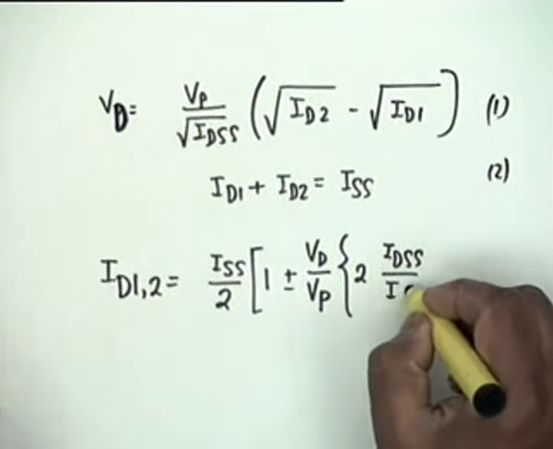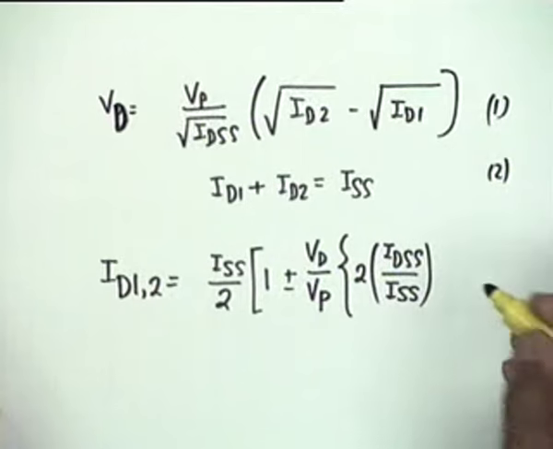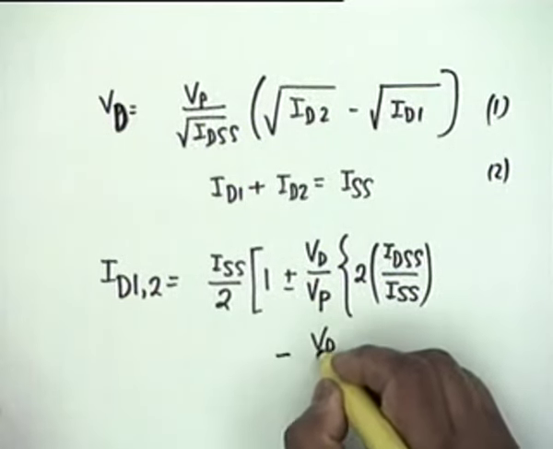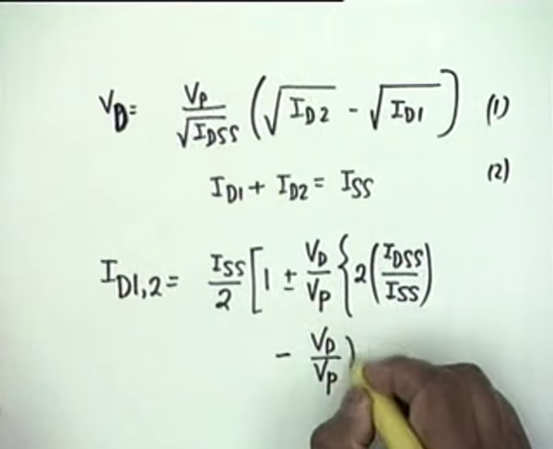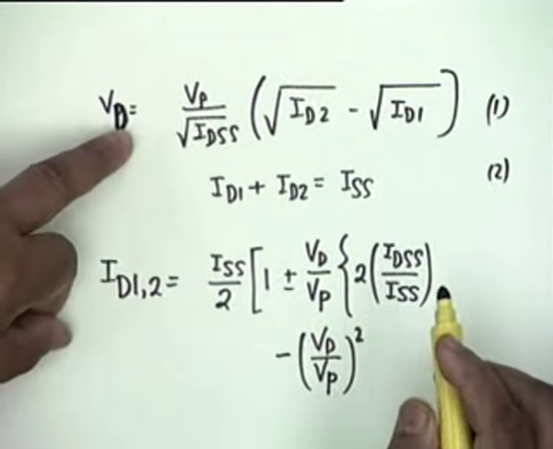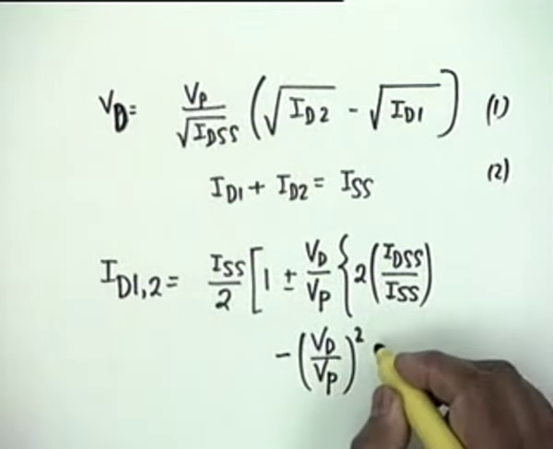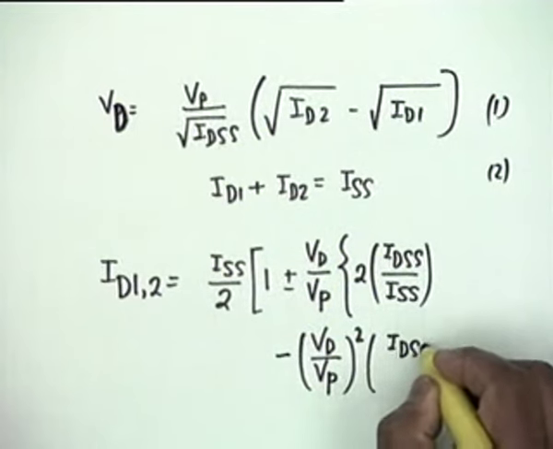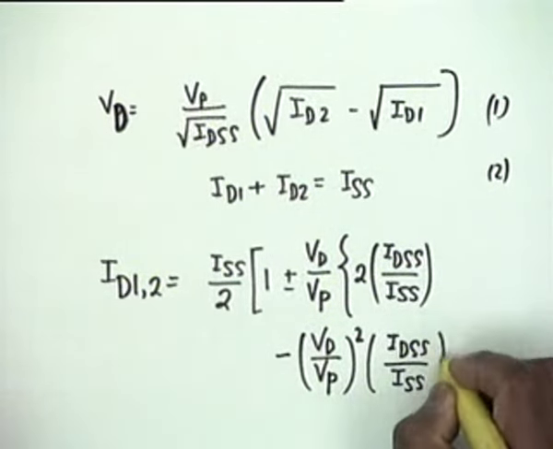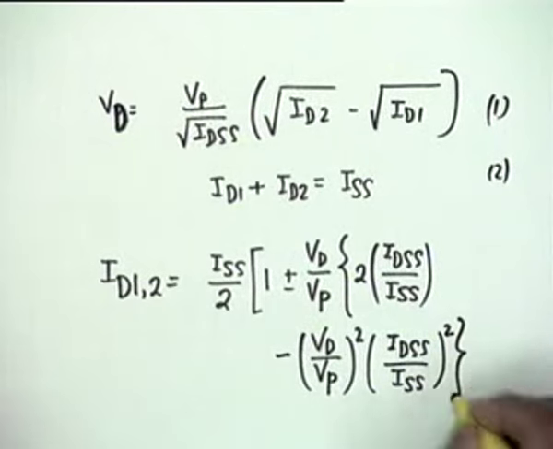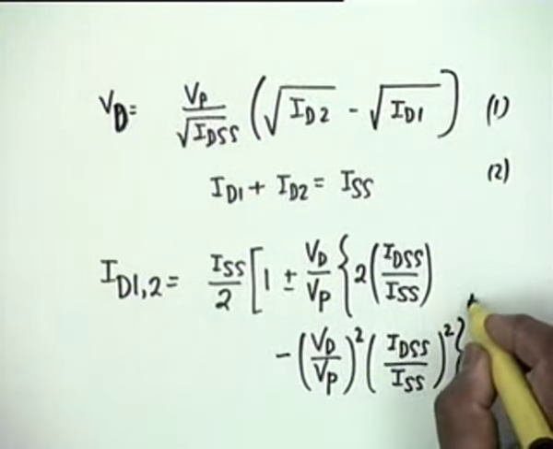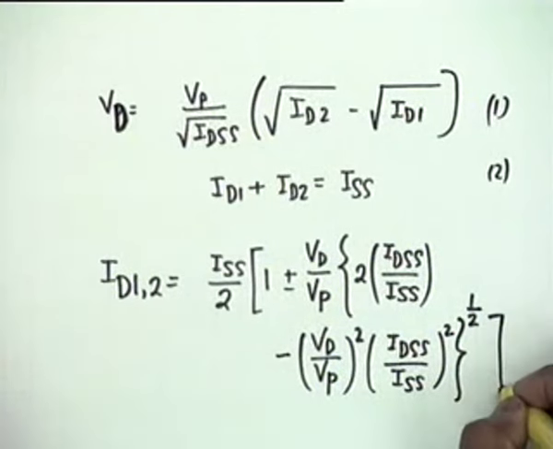Why does the square come? Because we have squared this. I urge you to clear out this algebra and obtain this.